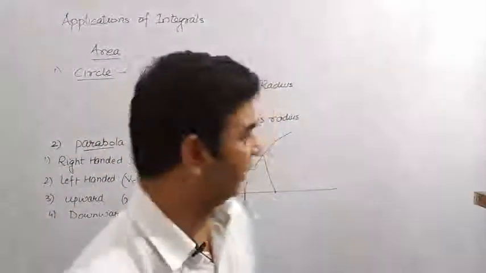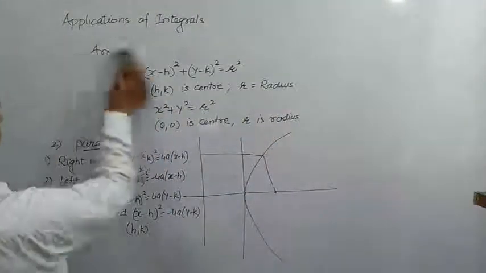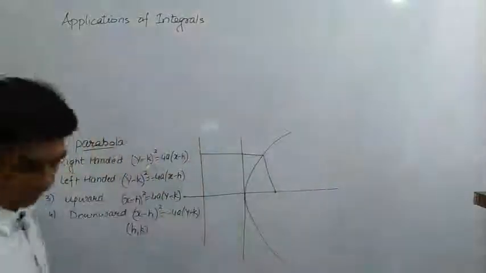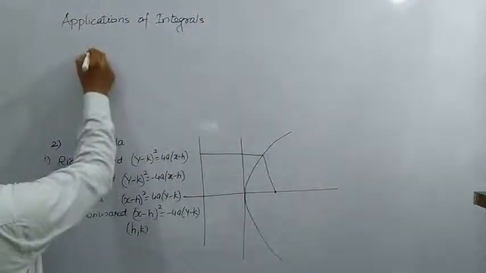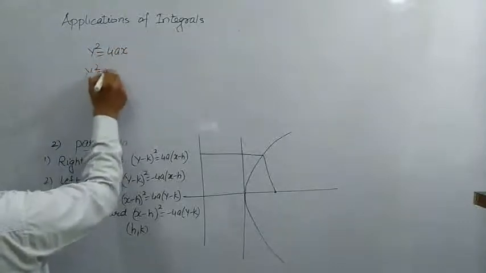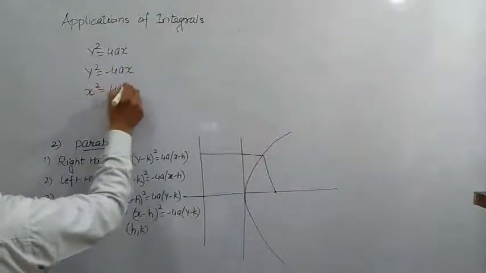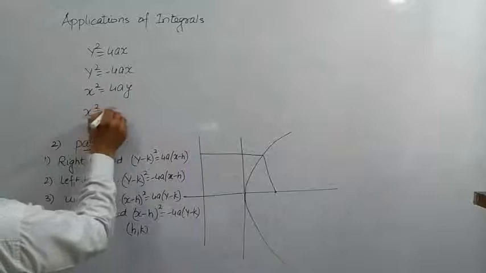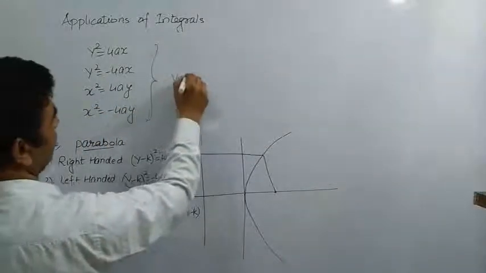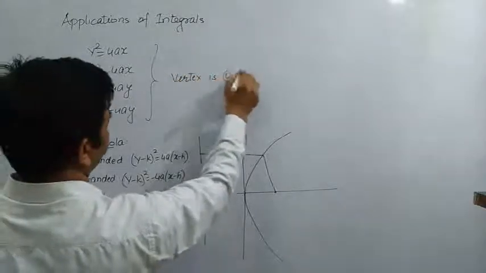But in case you are given the parabola in the form y square is equal to 4ax, y square is equal to minus 4ax, x square is equal to 4ay, and x square is equal to minus 4ay, in all these cases the vertex is (0, 0).